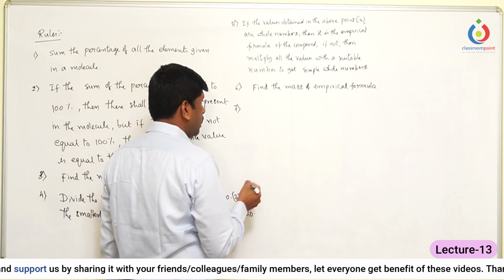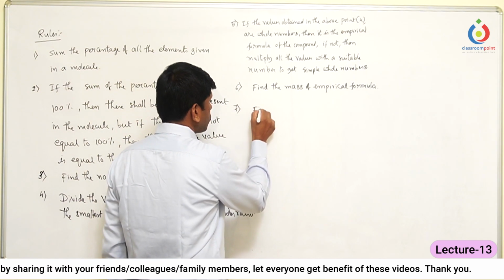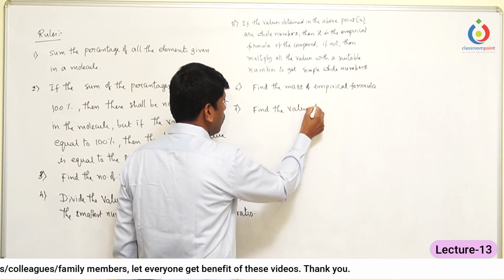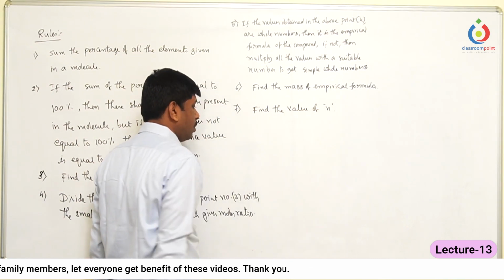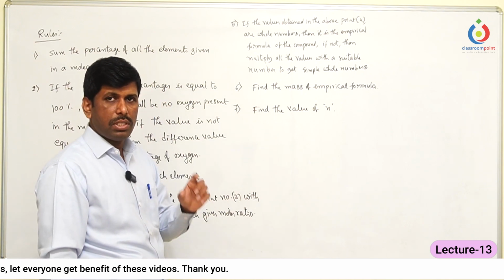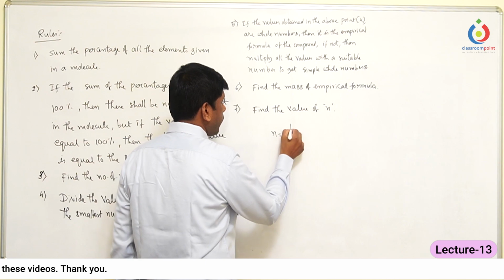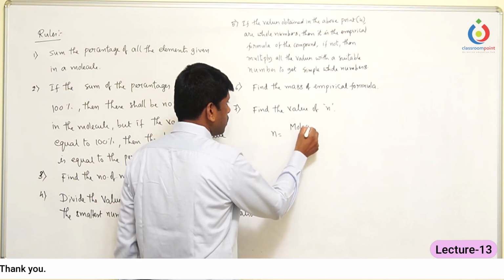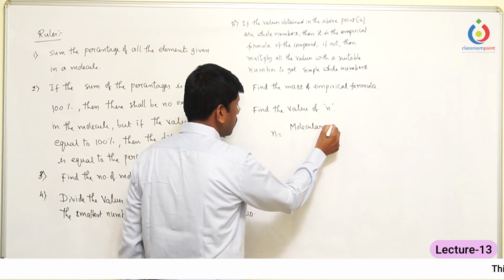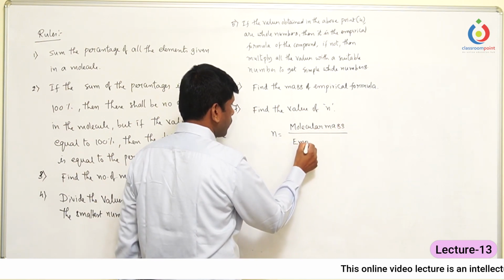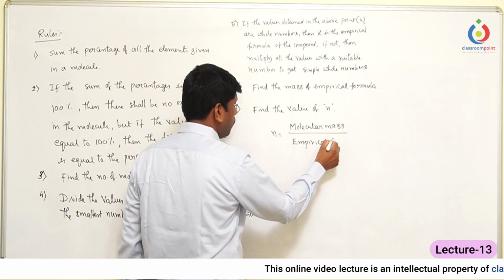Then afterwards find the value of n. Here n does not stand for the number of moles, it is simply an integer value. So n is equal to molecular mass divided by empirical formula mass.